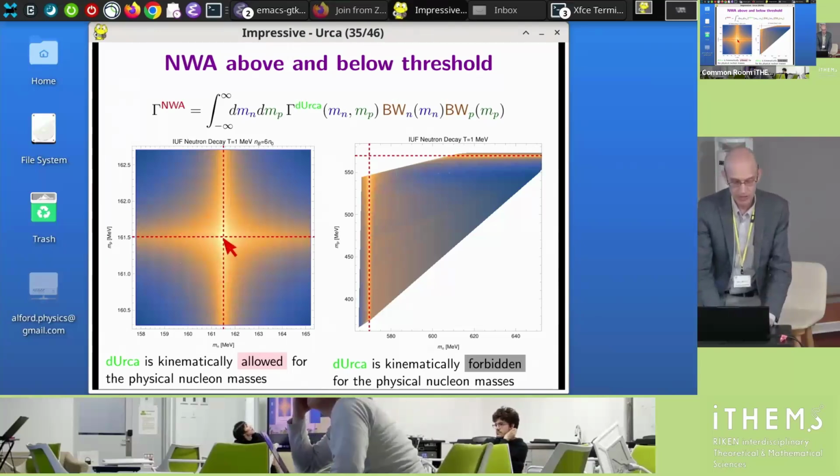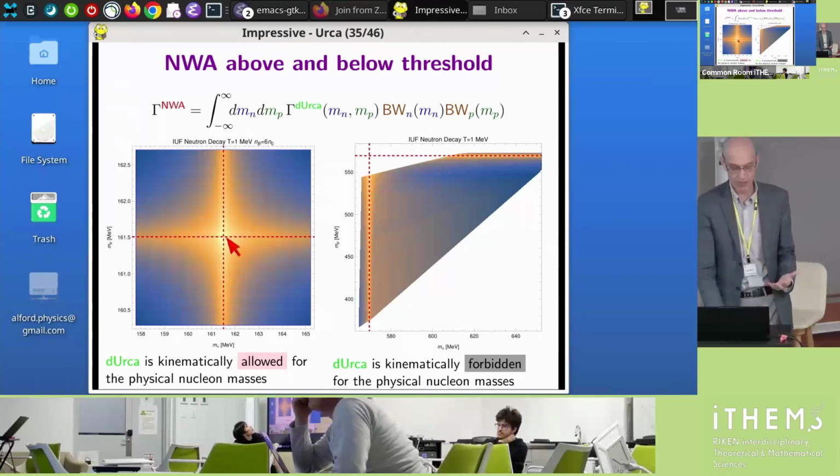But since the direct Urca process is allowed for the real in-medium values, where the two red dashed lines cross, that's where, if you didn't include widths, you just evaluate everything here, right? And you'd get the direct Urca rate. You'd have a delta function here for the masses. Now you don't have a delta function here.